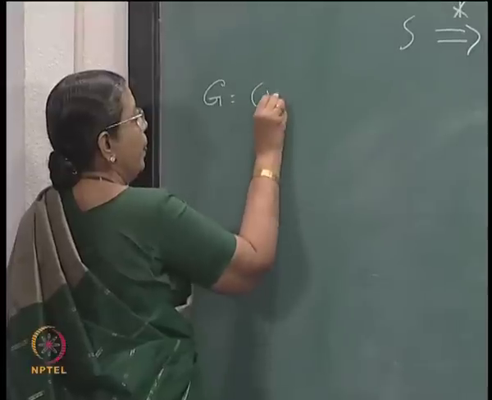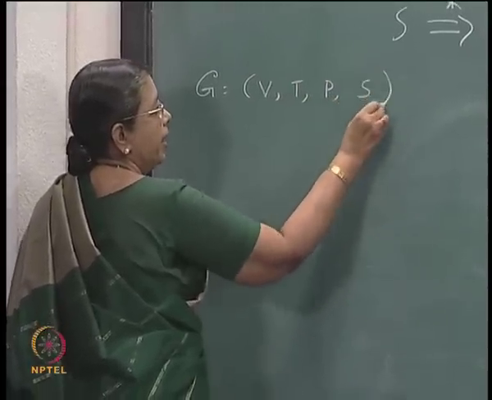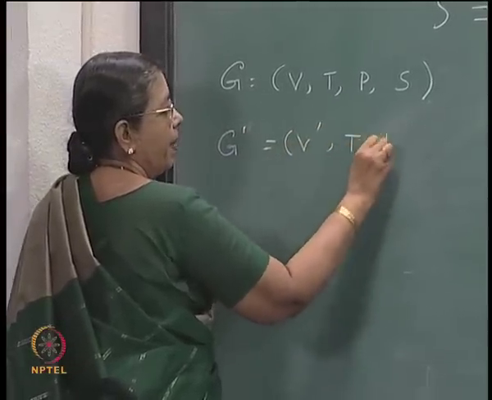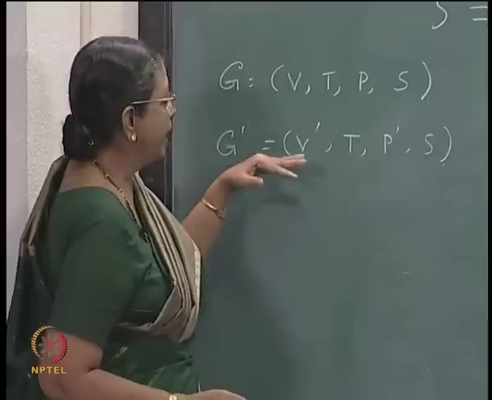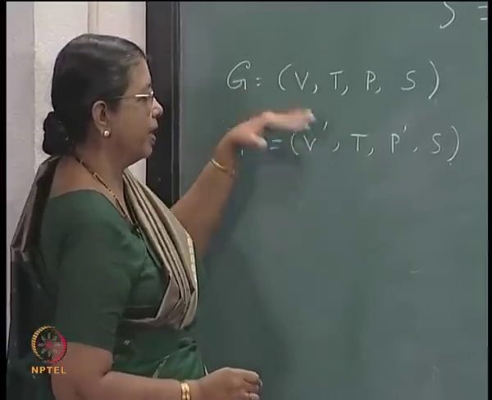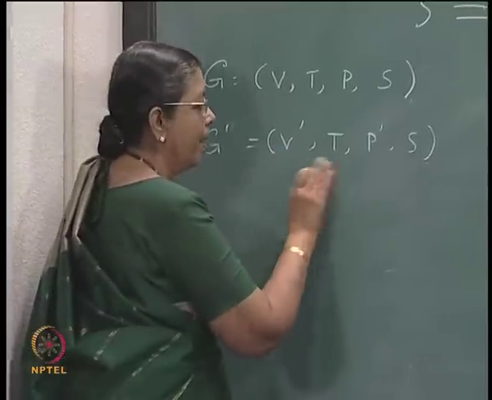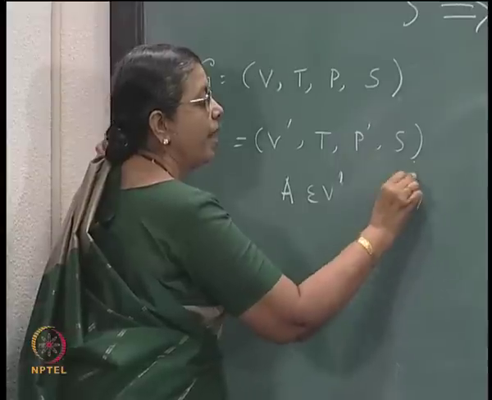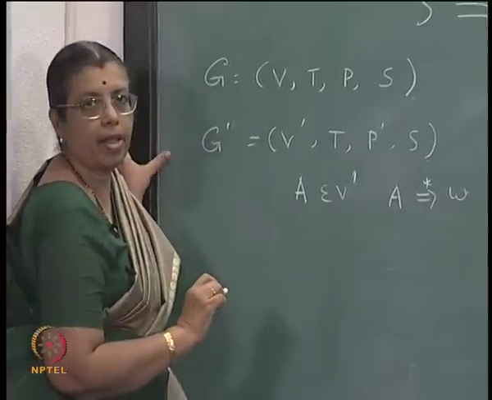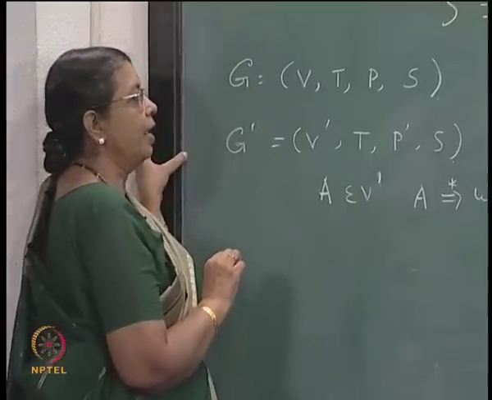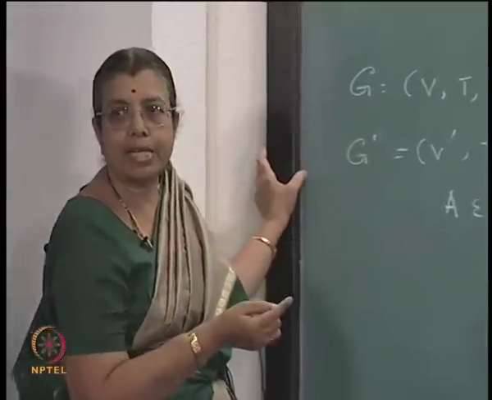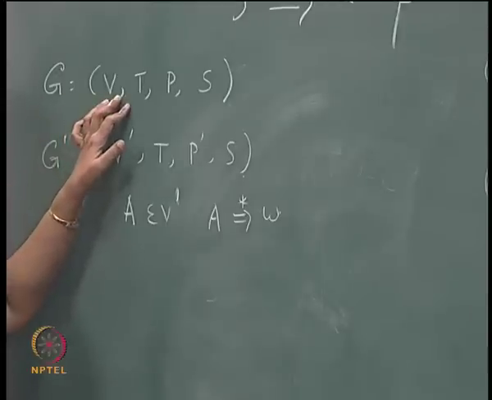Given a grammar G = (V, T, P, S), you construct a grammar G' = (V', T, P', S), such that the language generated by both is the same, it is an equivalent grammar, but in this grammar any non-terminal A belonging to V' will have the property that it should be possible to derive a terminal string w from A. That is, what you are in essence trying to do is, if there are non-terminals from which terminal strings are not derivable, then you remove them. You remove the non-terminals from which terminal strings are not derivable.